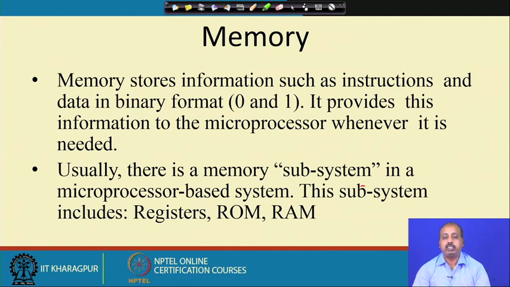This is fixed by the designer of the microprocessor. There is a fixed address of the memory that it will access, and it is expected that the first valid instruction is there in that memory location. The processor will get that instruction and start executing it. If it needs data, it will again access the memory.